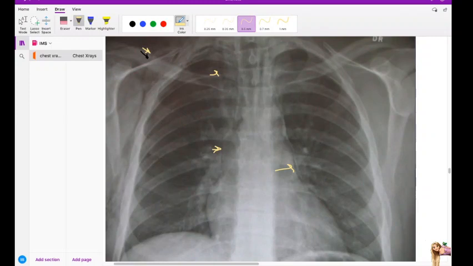So basically this is air in the mediastinum. Air in the mediastinum. And this is air in the subcutaneous tissues over here. Can you guys see?